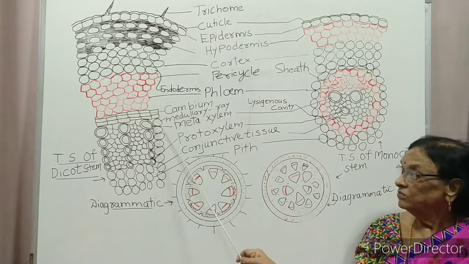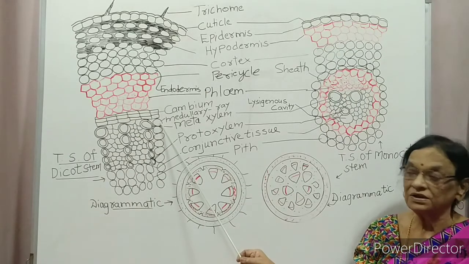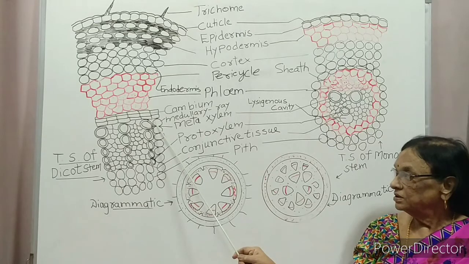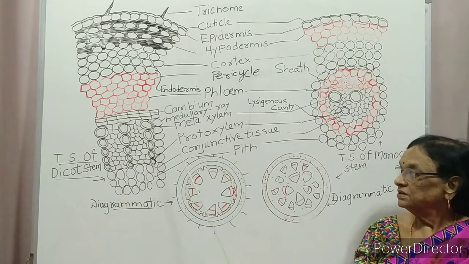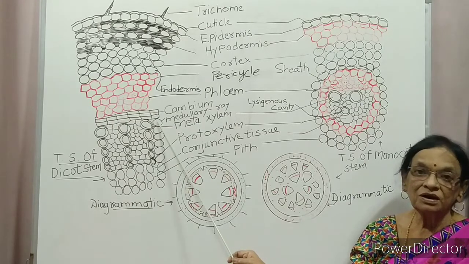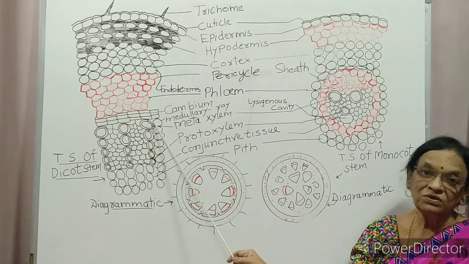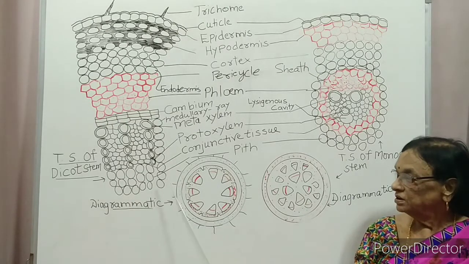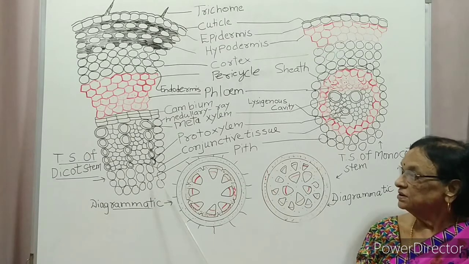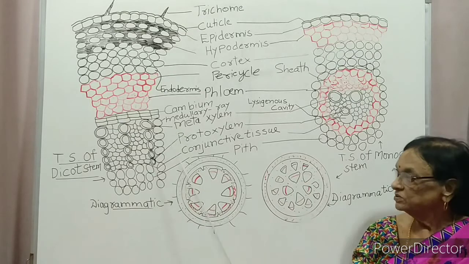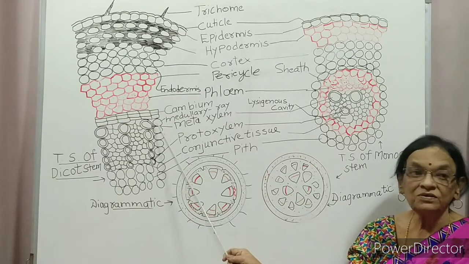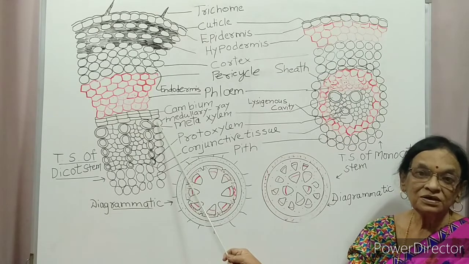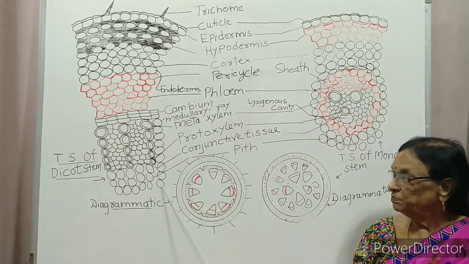Some cells form a continuous layer from below the cambium to the pith. It is called medullary ray. So medullary ray is a layer continuous from the cambium to the pith.